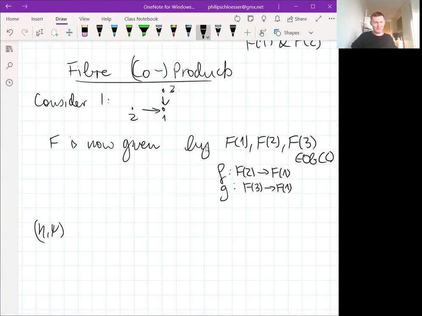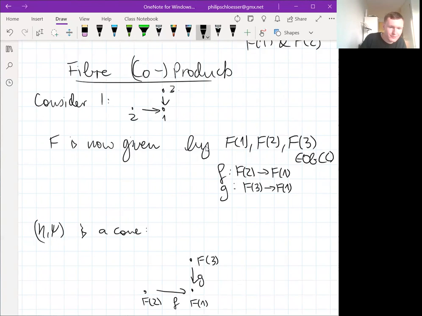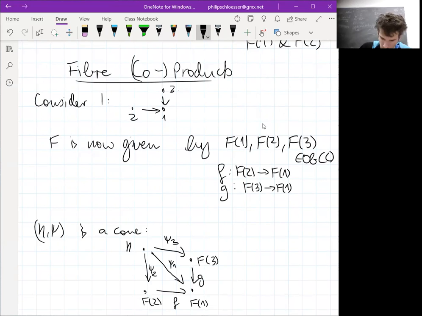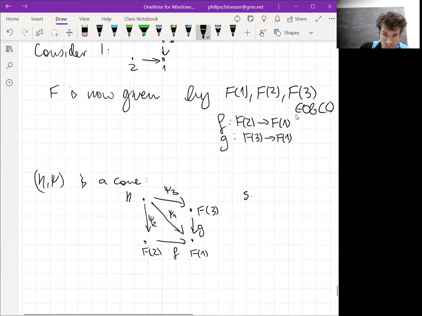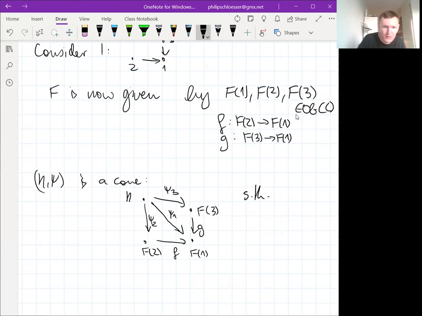So if we now have a cone, that means we have F2, F1, and F3, and between them the morphisms F and G. And then we have another object, N. So that's the object part, and the natural transformation consists of morphisms psi2, psi1 and psi3, such that this diagram has to commute.